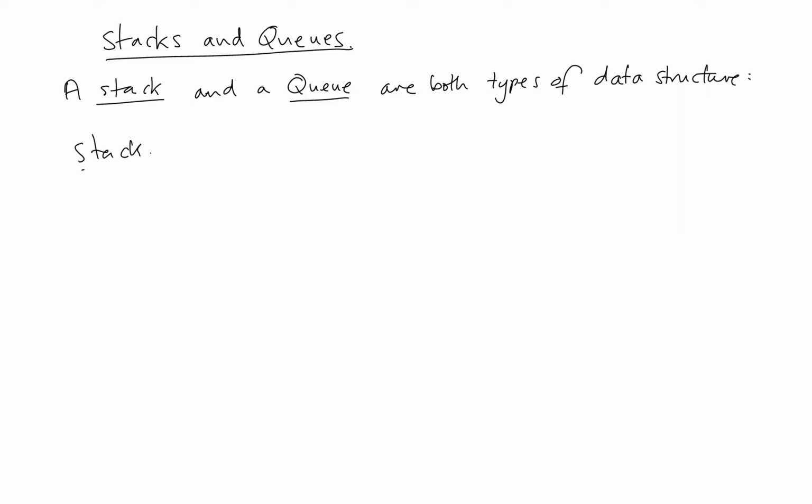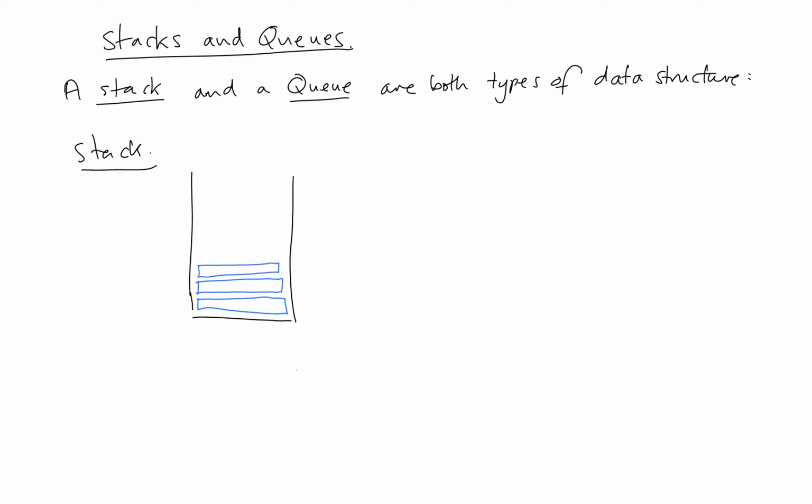Now, just as the name suggests, a stack can be thought of as sort of a vertical list, if you like, of items, whereby each item that you place must be placed on top of what was there already.